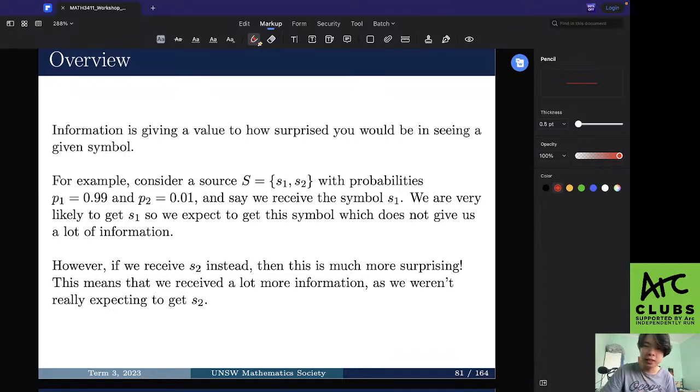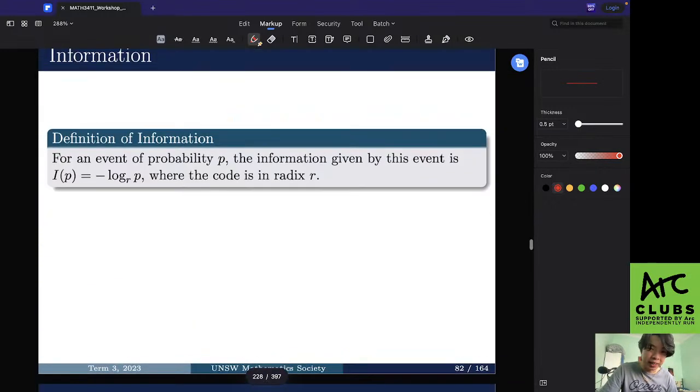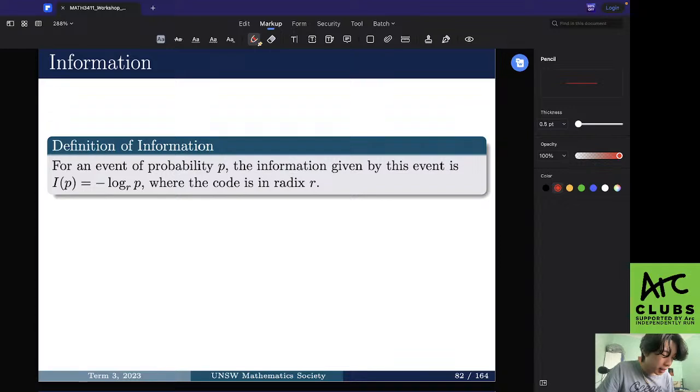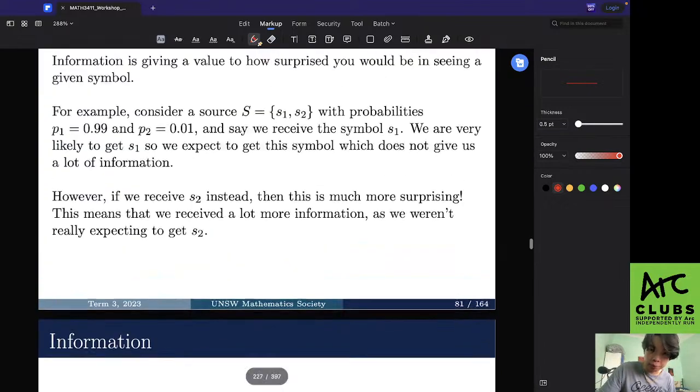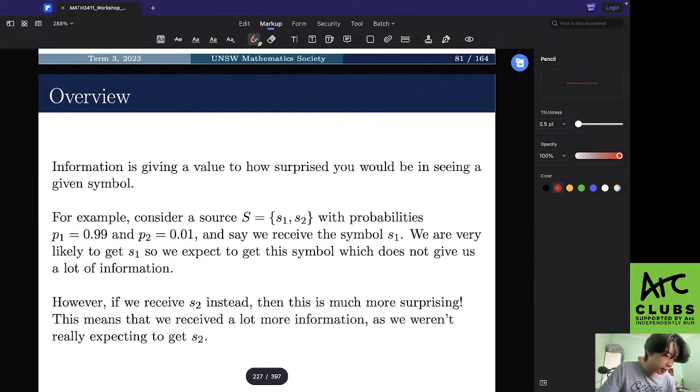But how exactly do we reach this number? Well, we have a formula. It's pretty handy. Essentially, if we have a code in radix R and an event of probability P, then we can say that the amount of information that we have is given by minus log base R of P. So if we use our previous example, let's say that we had radix 6.